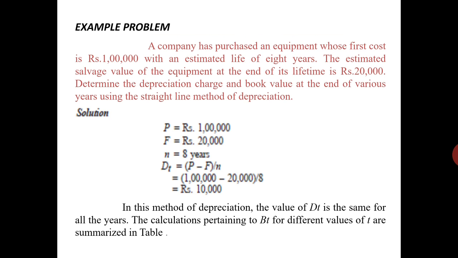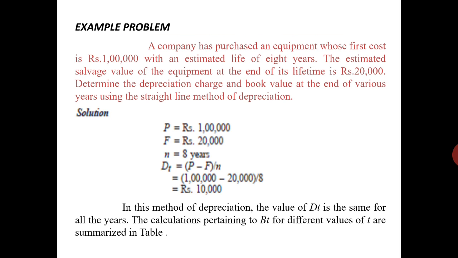Already we know the formula of depreciation in the straight line method: Dt equal to (P minus F) divided by N. Substituting the given data, (1 lakh minus 20,000) divided by 8. Finally we get a depreciation value of rupees 10,000.